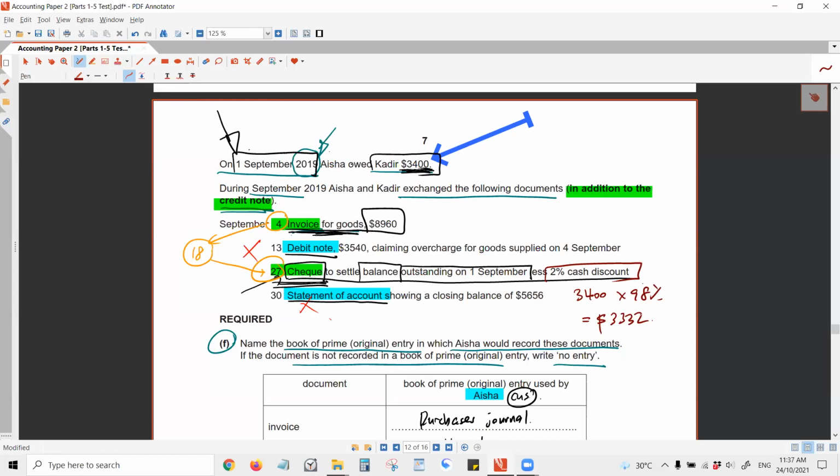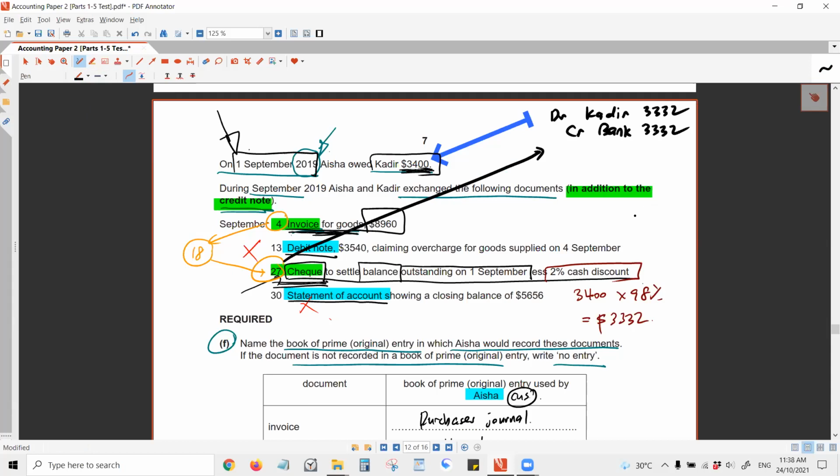Okay, for this 27, these are how your T account entries look. We make payment by check to Cardeal, so credit bank 3332, debit Cardeal 3332. Don't forget about recording the cash discount.